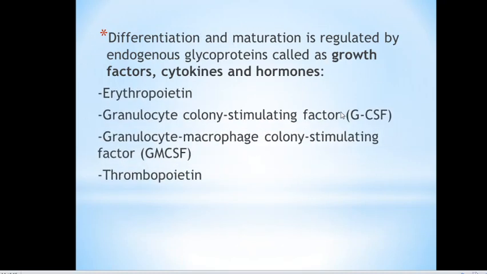For example, we have the erythropoietin that regulates erythropoiesis, granulocyte colony stimulating factor for the granulocytes, and the granulocyte macrophage colony stimulating factor for the granulocyte macrophage lineage, and thrombopoietin for the formation of platelets.